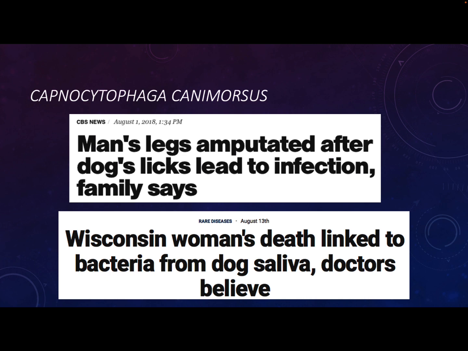And so that can cause tissue death, right, necrosis, and additional infection. And so oftentimes the only way to treat that is amputation.